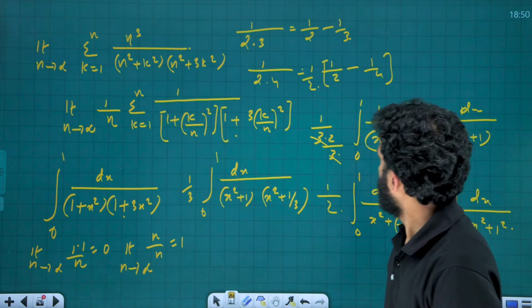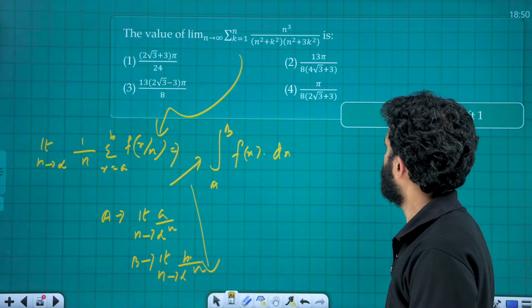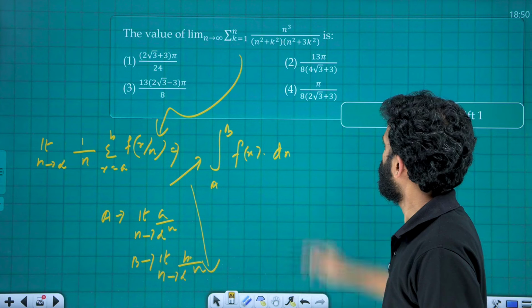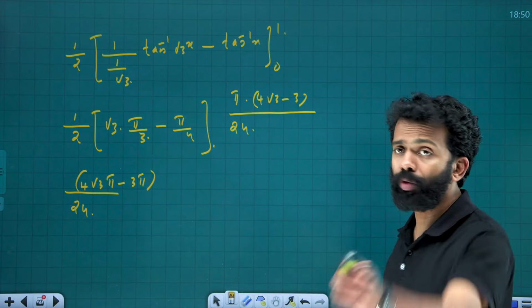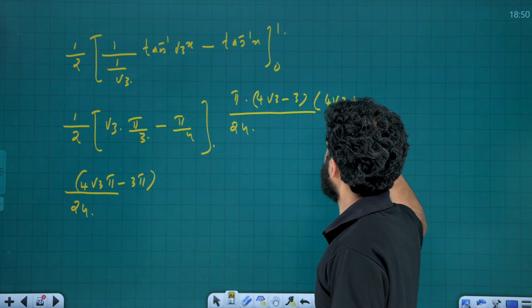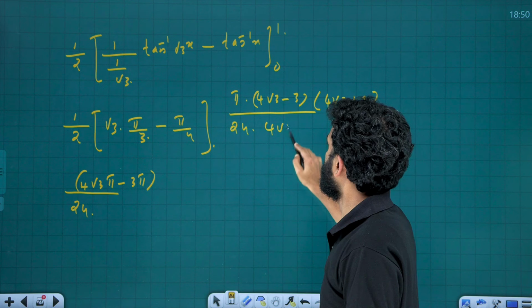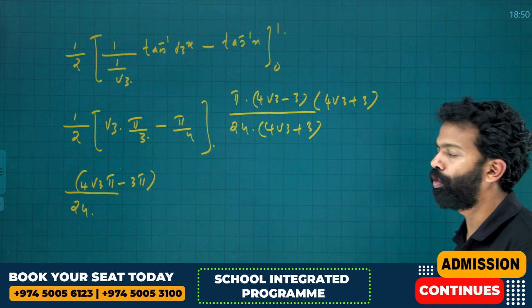Yeah, let's check the options here. It's not there, right? So what should we do? 4 root 3 plus 3 is there. We got it as 4 root 3 minus 3. Do one thing, let's take the conjugate, into 4 root 3 plus 3 over 4 root 3 plus 3. What is 4 root 3 minus 3 into 4 root 3 plus 3?